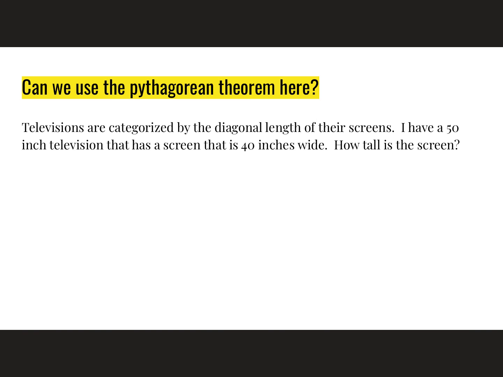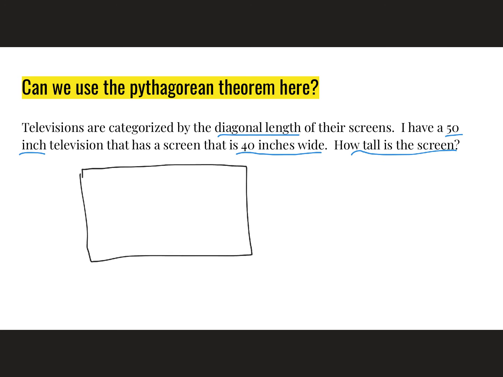Okay, now let's look at this one. Televisions are categorized by the diagonal length of their screens. I have a 50-inch television that has a screen that is 40 inches wide. How tall is the screen? So let's think about this for a second. I know that my television screen is a rectangle. We all know that, right? Television screens are rectangles.